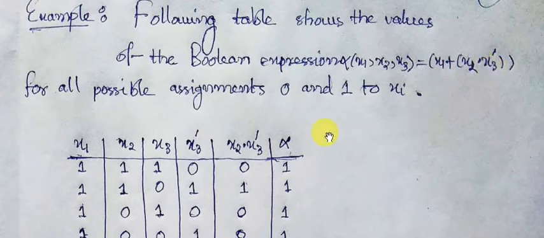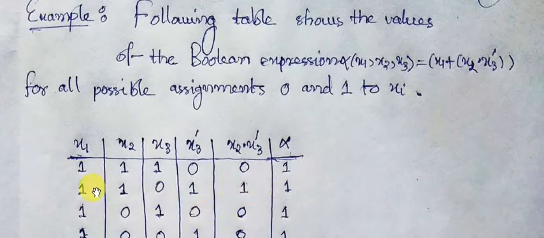Here the value of x1 is 1 and the value of x2 into x3 complement is 0. So x1 plus x2 into x3 complement is equal to 1 plus 0. And from the composition table for addition we know 1 plus 0 equal to 1. So here we have written 1.